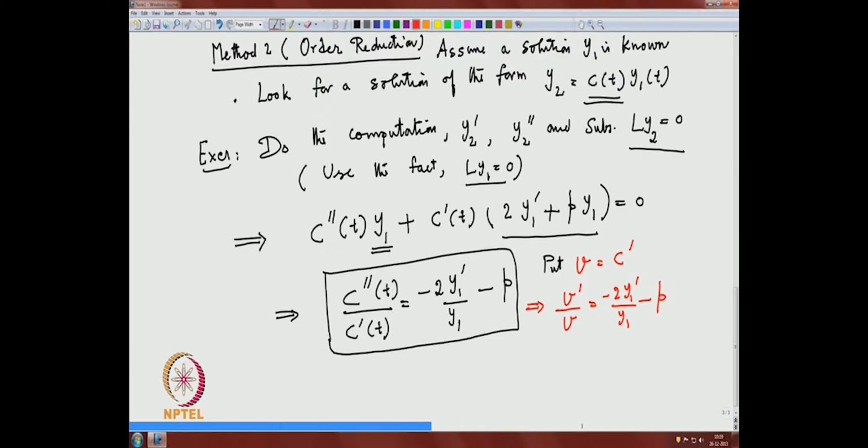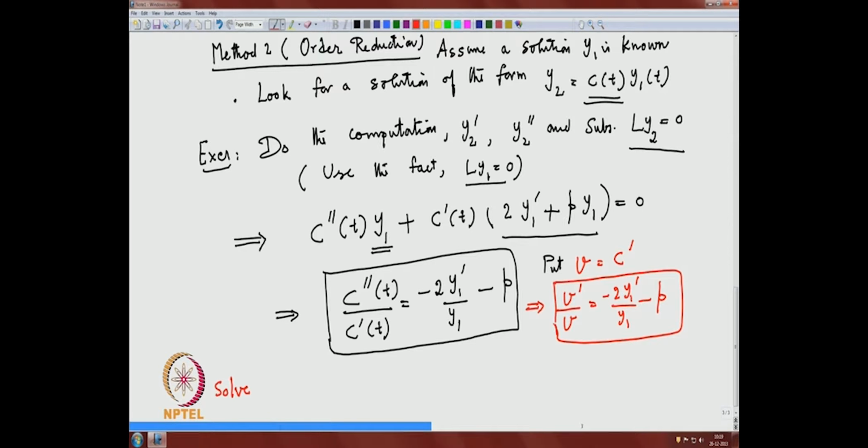So that will give you, you can solve it. Solve for V first. That is why it is called the method of reduction of order. You are actually solving a first order equation here.